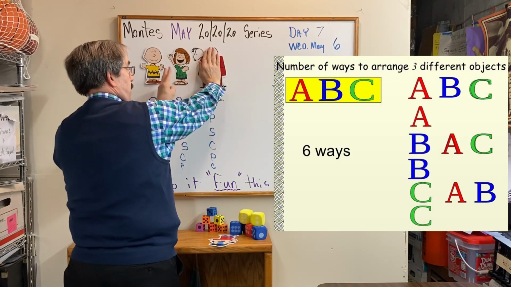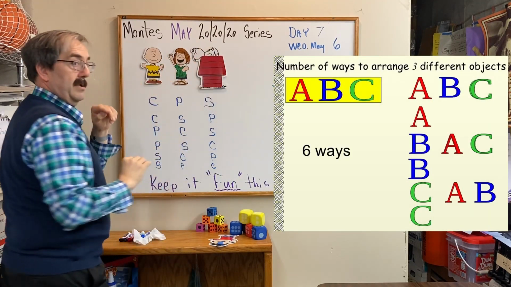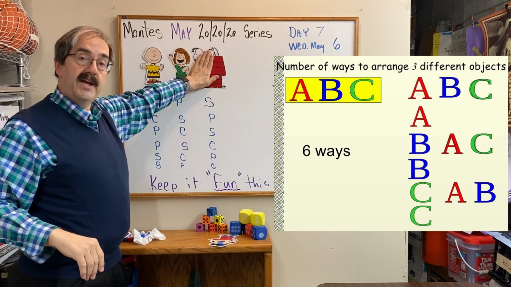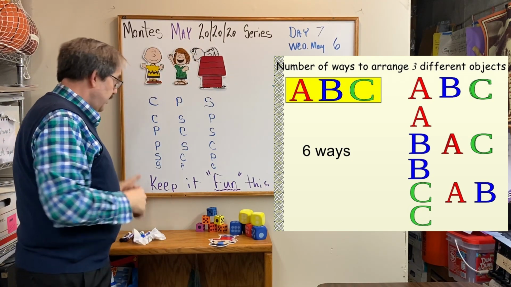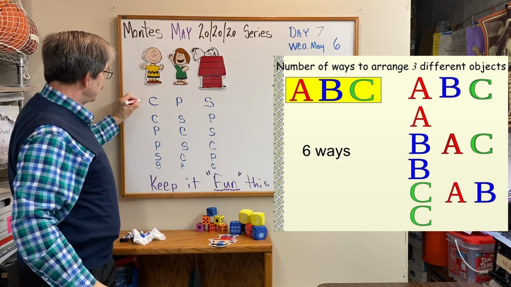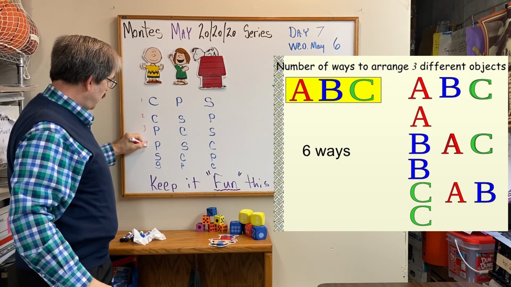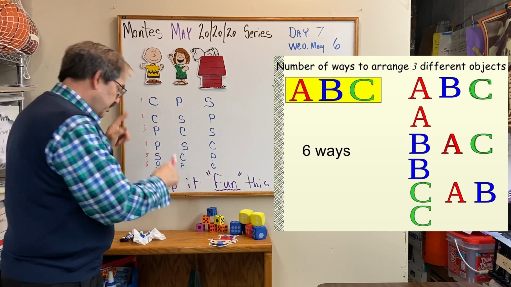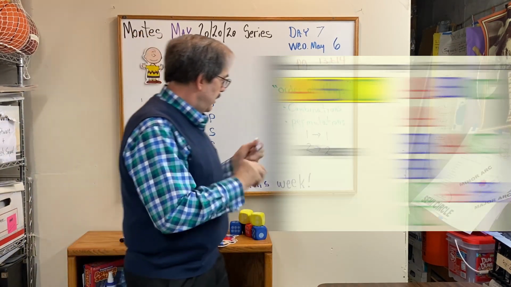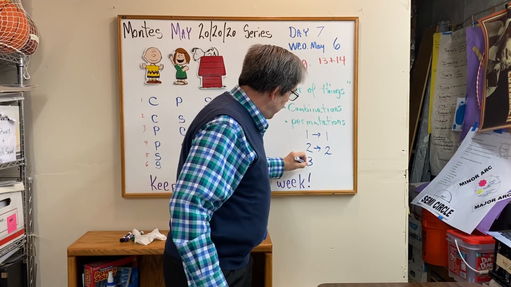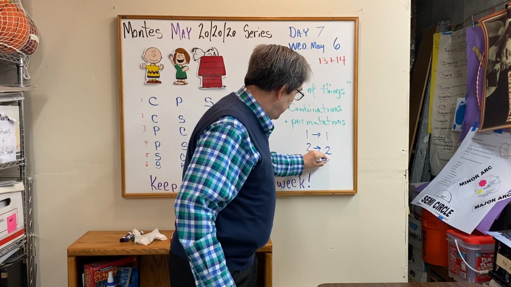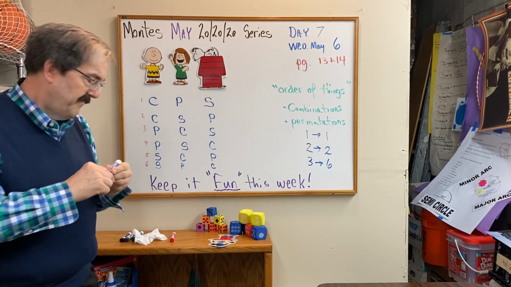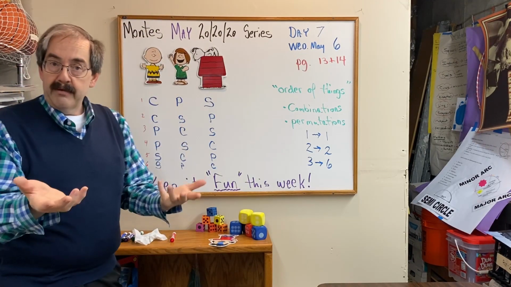In front, switch. 2, 4, 6. There's 6 possible combinations. 1, 2, 3, 4, 5, 6. So let's add that to our list. 3 became 6. So, part of the fun with math.